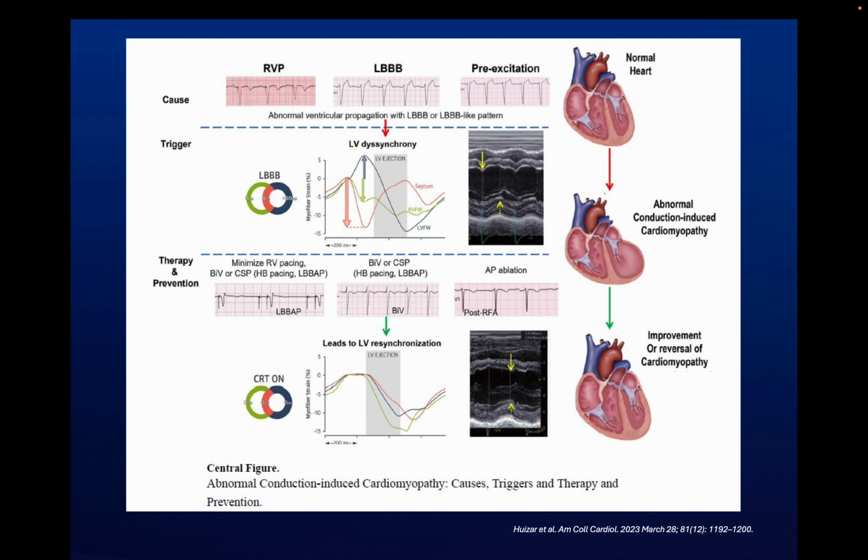Finally, an intervention induced creation of left bundle branch block, namely the right ventricular pacing, and thereby resulting in LV dyssynchrony, in turn leads to a condition called pacing induced cardiomyopathy, wherein it is the pacing from the right ventricle that results in lowering of the ejection fraction.